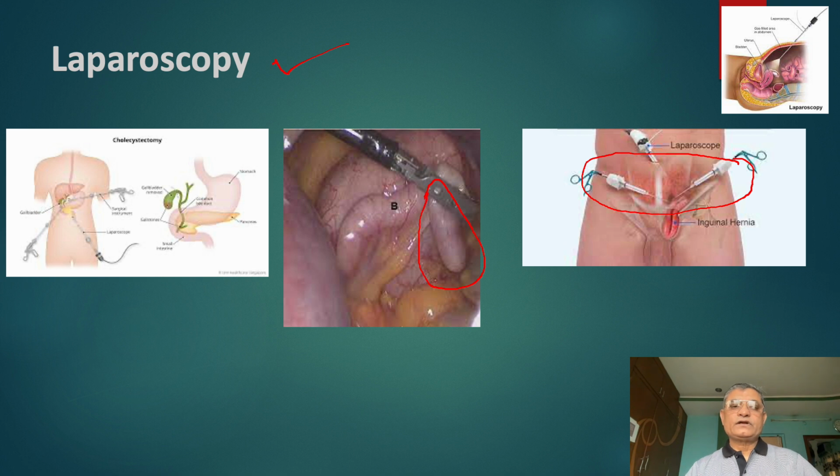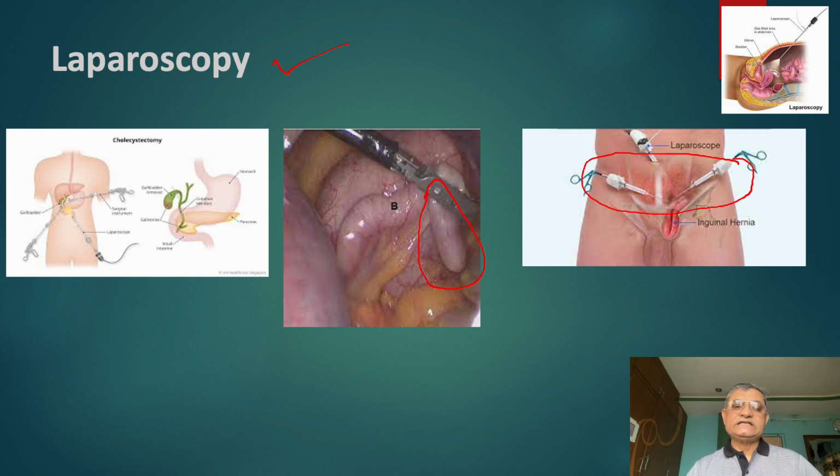Then different surgeries like colectomy, where we remove part of the colon for inflammatory bowel disease, diverticulitis or colorectal cancer. For those conditions, we remove part of the colon, we say it is colectomy, laparoscopic colectomy.